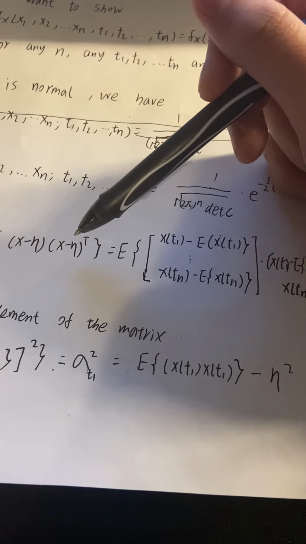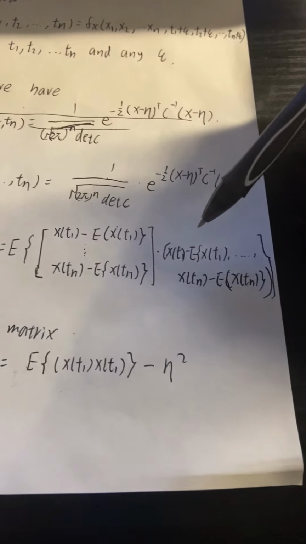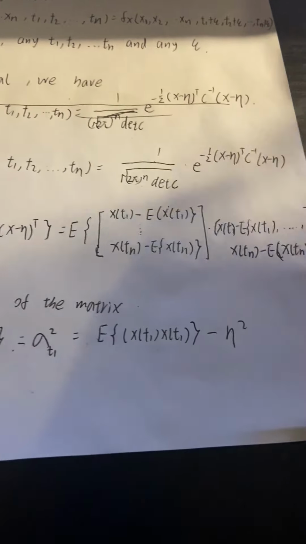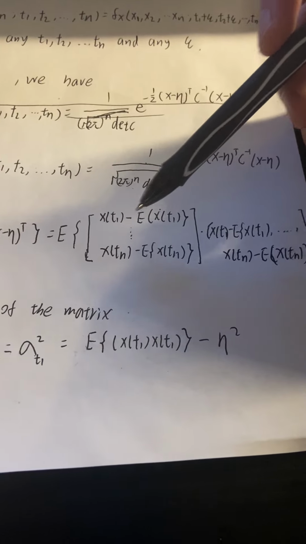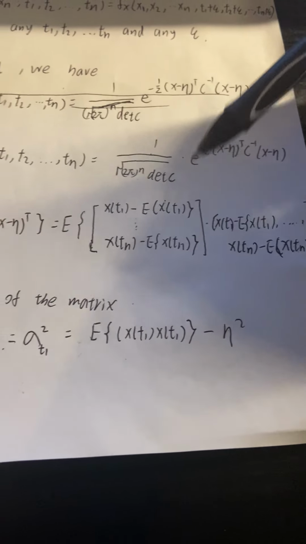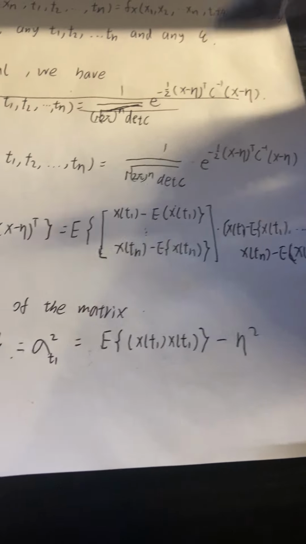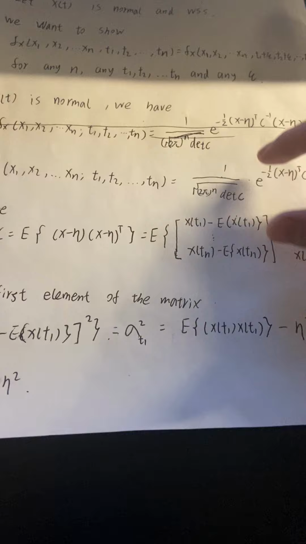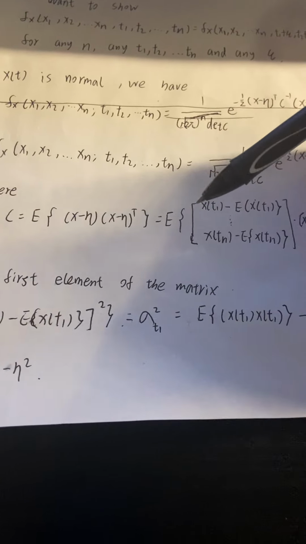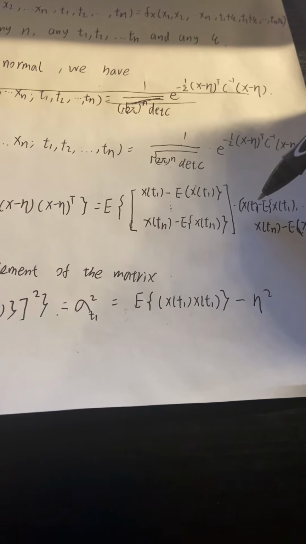The transpose term we can rewrite as the row vector. So the product of these two vectors will be a matrix, and we want to compute this matrix. We can see the first element of the matrix, which is this term times this term.